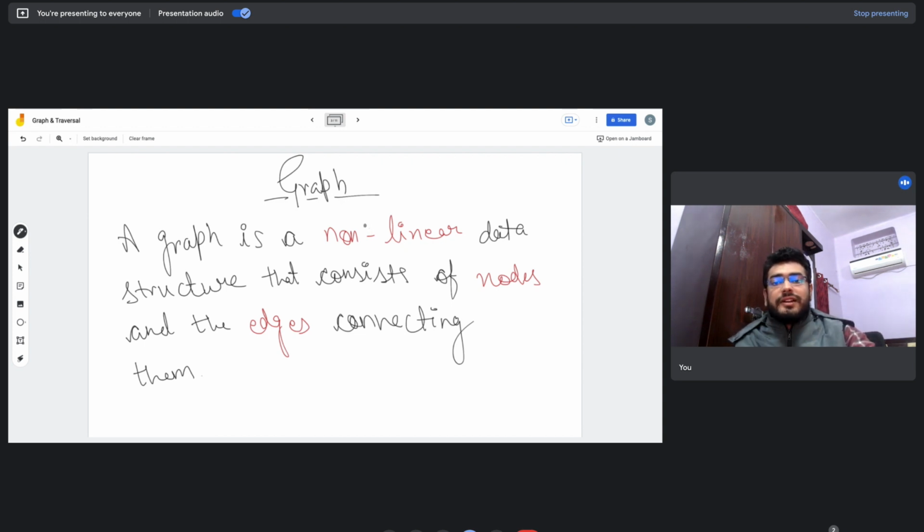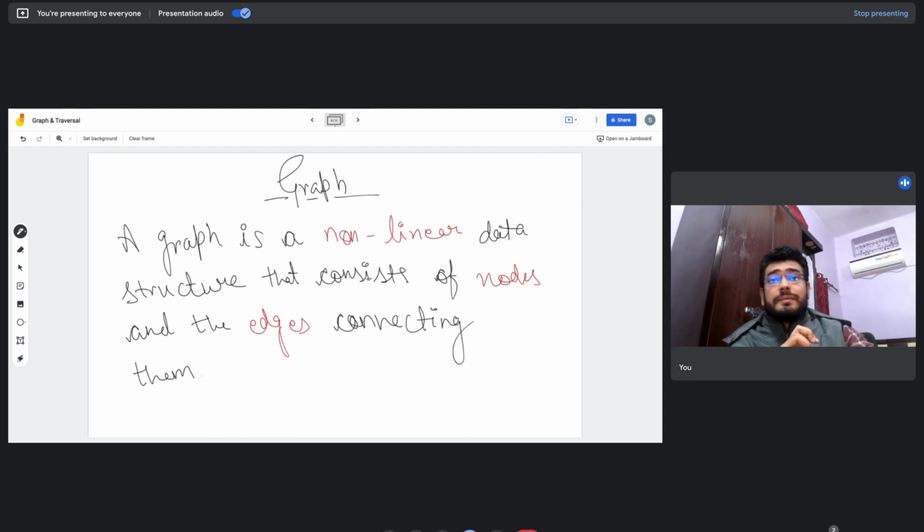So these kinds of data structures include things like arrays, linked lists, stacks, queues. These are all contiguous, right? Then the other set of data structures are non-linear, which are not contiguous, right? So a graph is also a non-contiguous and non-linear data structure.